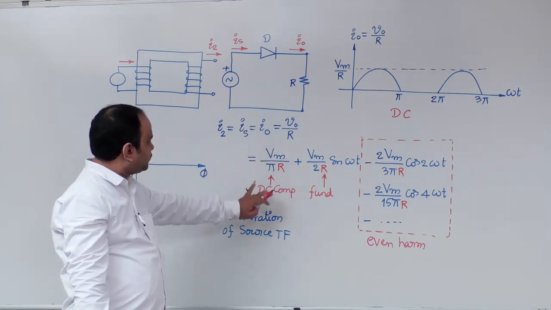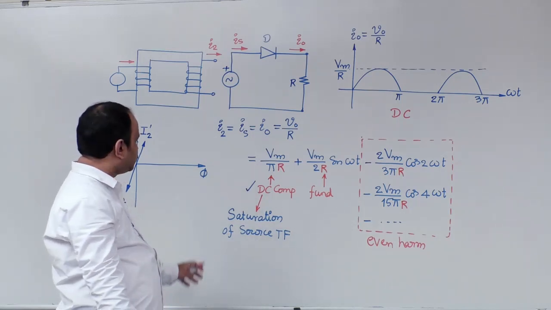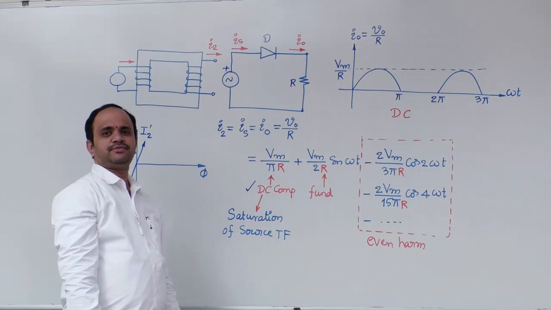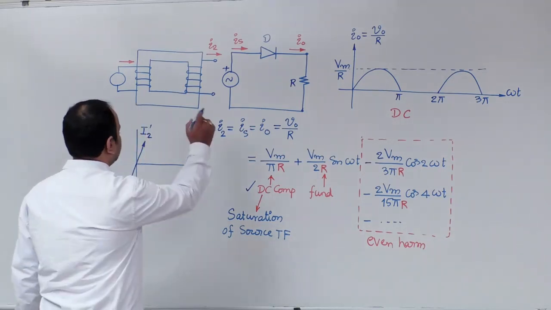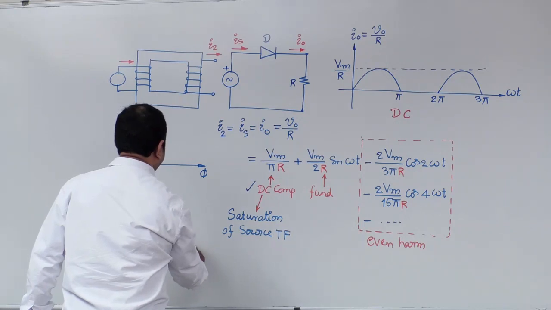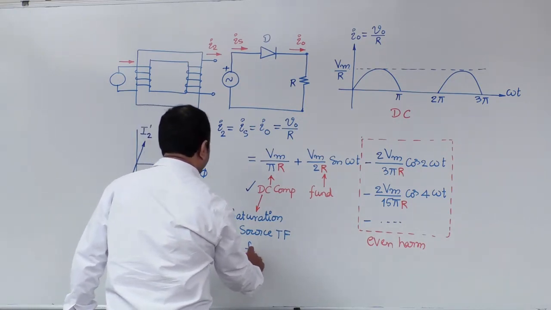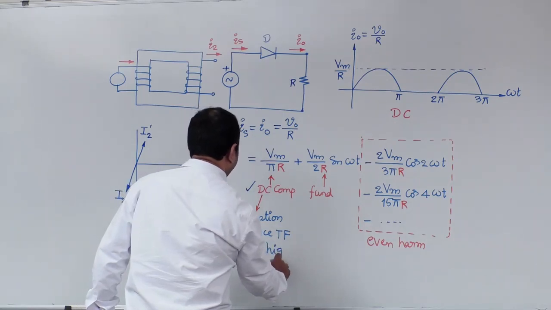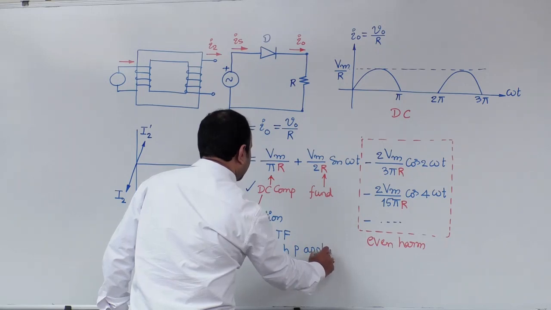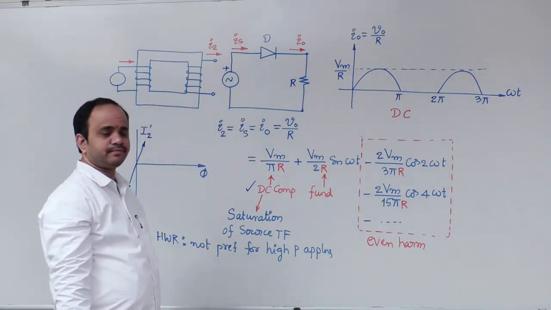The behavior of this DC component will drive the magnetic circuit of the transformer towards saturation. Therefore, half-wave rectifier circuits are not preferable for high power applications. When you use it in high power applications, then what will happen?